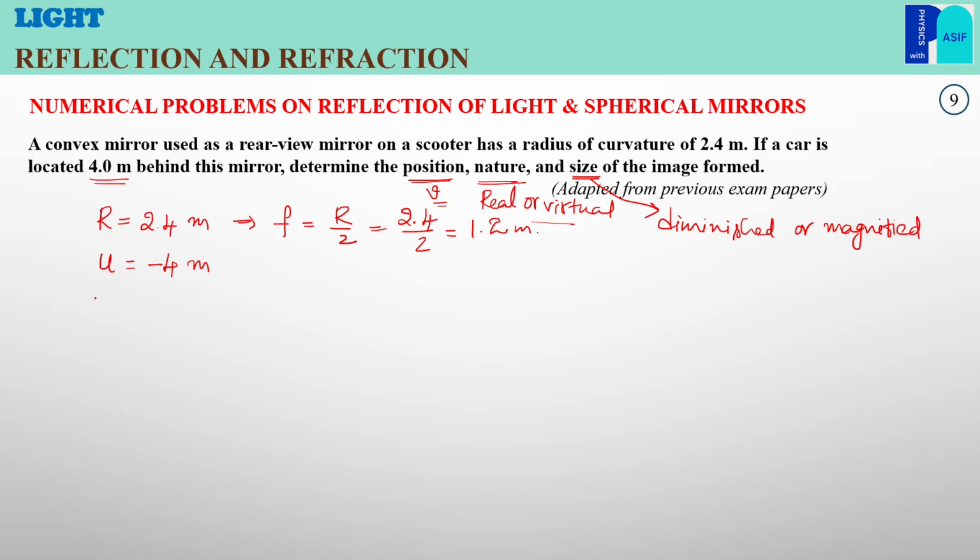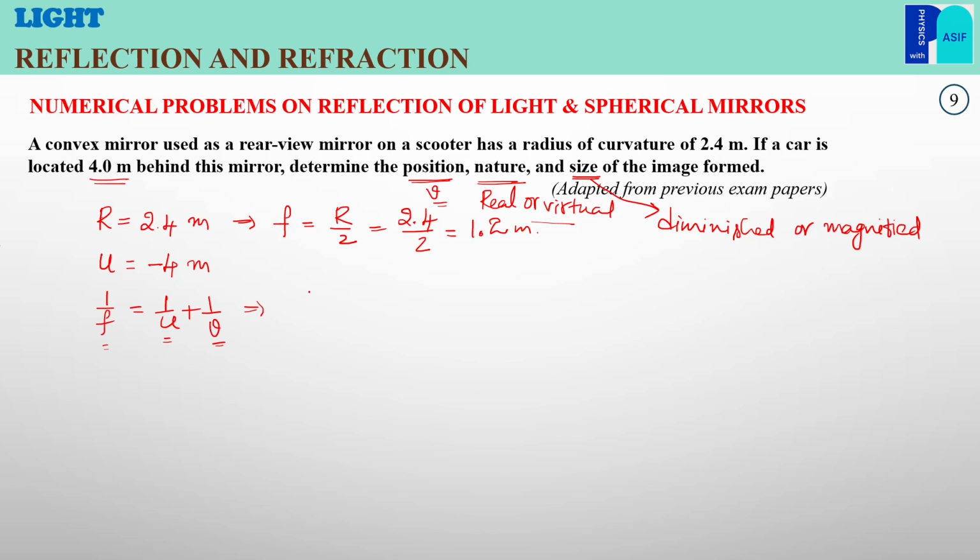So we use the mirror formula. So mirror formula is given by 1 by F is equal to 1 by U plus 1 by V. And from this, okay, we need to find out the value of V by substituting the values of F and U. And what is the value of F? 1.2 meter. So first of all, we need to note down whether it is positive or negative.